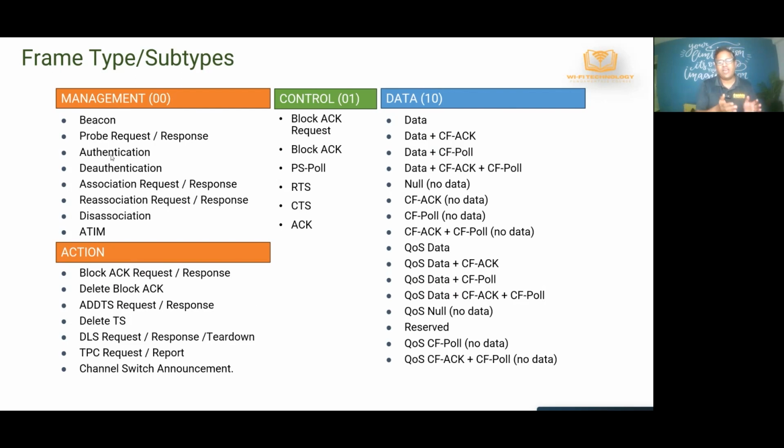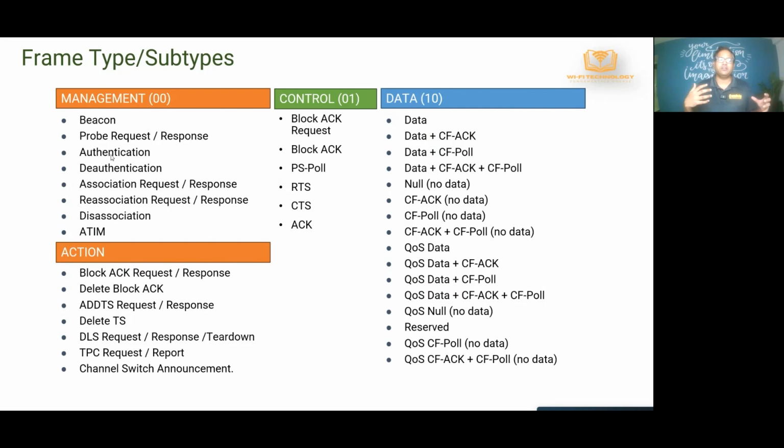Similarly, as new protocols start getting added, like aggregation got added, there are new management frames that can actually manage the aggregation function, right? So when better transmit power controls and radio resource management features got added, there were transmit power control frames added.